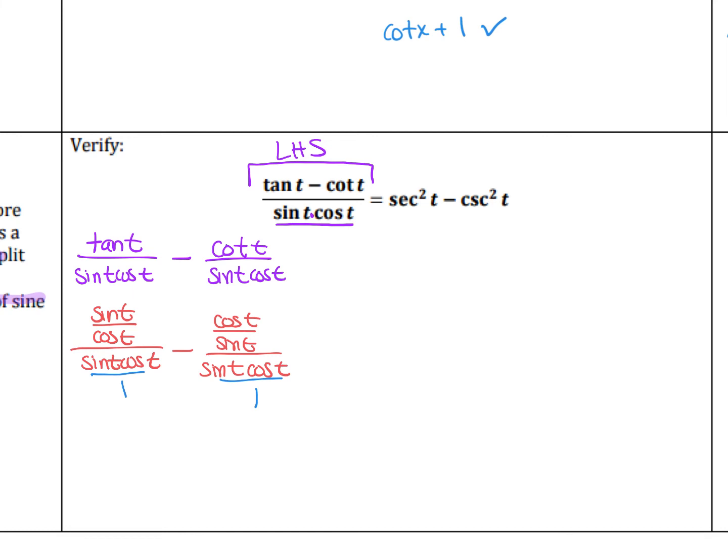So for this first fraction, I'm going to take the numerator and multiply it by the reciprocal of the denominator. So I'm going to have 1 over sine cosine minus, and I'm going to do the same thing for this second fraction, cosine over sine times 1 over sine cosine. Then I see this sine and this sine will simplify, this cosine and this cosine will simplify.